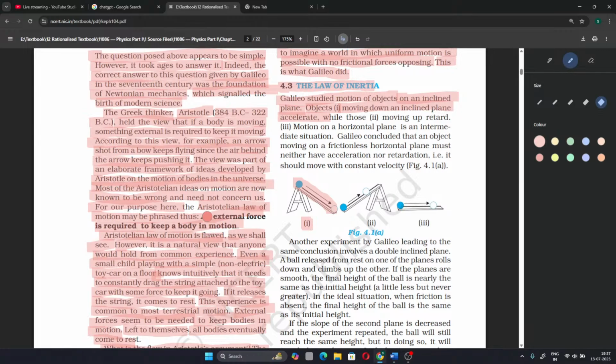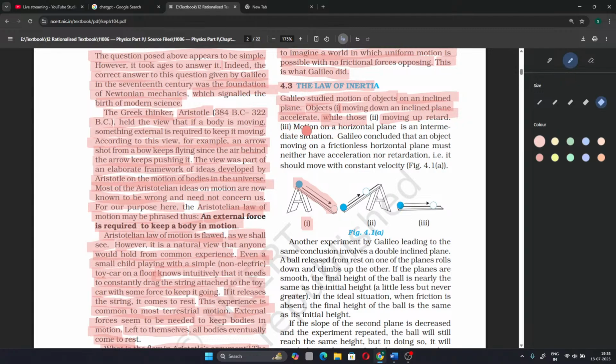Their velocity increases as it goes down the slide. It is moving faster at the end of the slope compared to the starting position. While exactly opposite, objects moving up slow down or retard, basically deceleration, basically minus acceleration, where the speed is reducing.